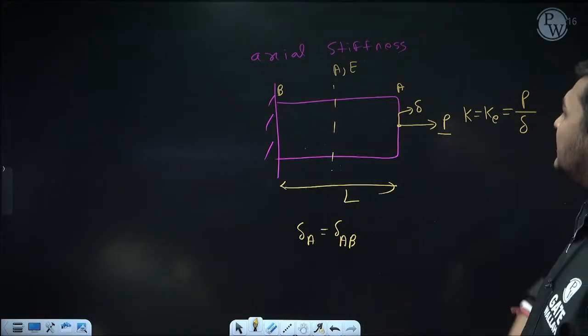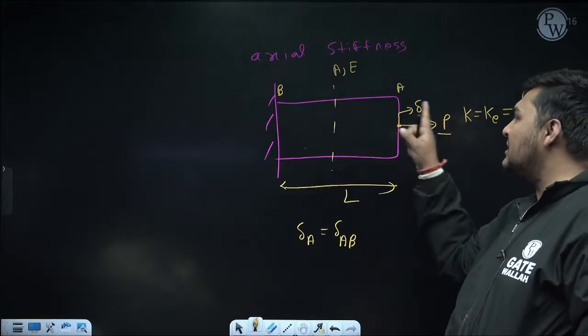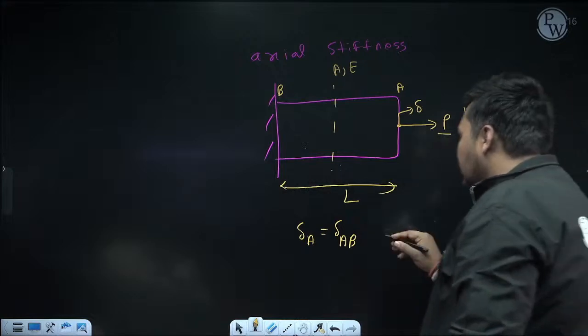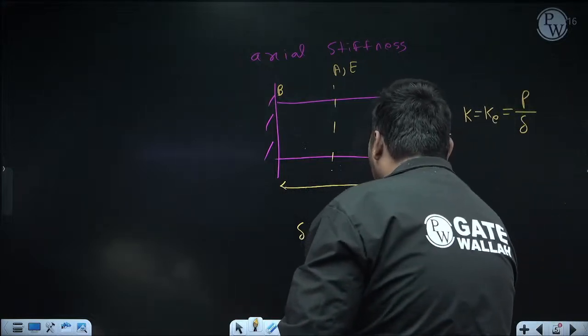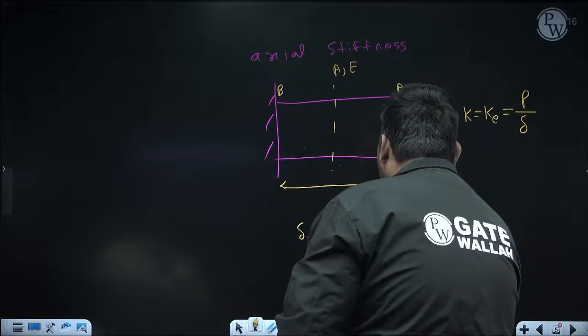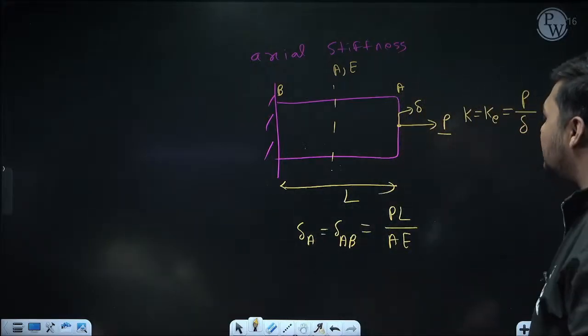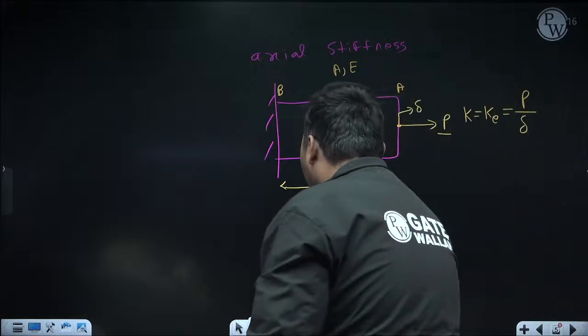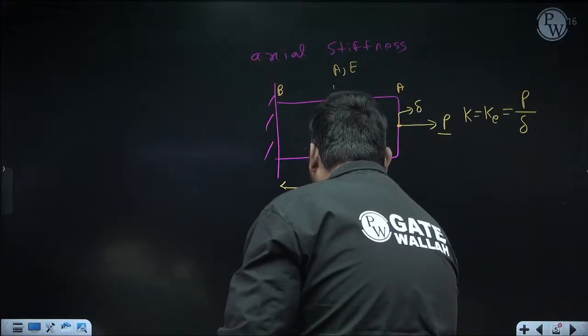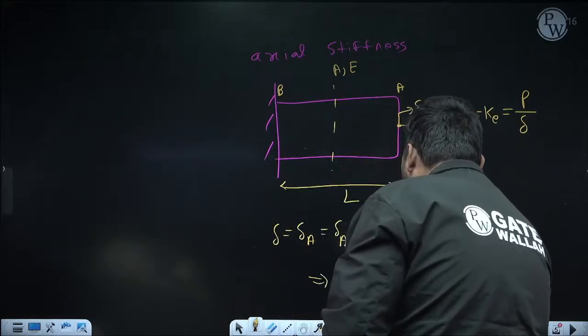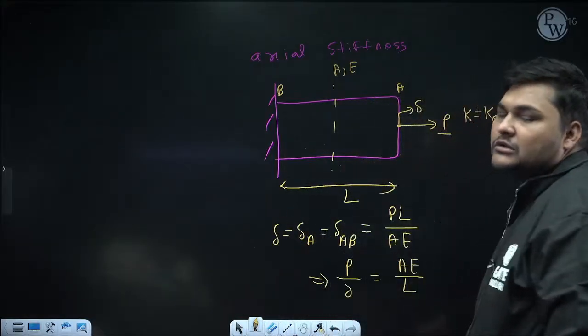Since the axial force in the AB portion is the same, equal to P, and area and E are the same, the change in length of AB will be PL upon AE. And since B is fixed, it is also the total displacement of point A, which I am referring to as delta. So from this expression, if you calculate P by delta, it comes to AE by L. I think you have studied this formula in strength of materials also.